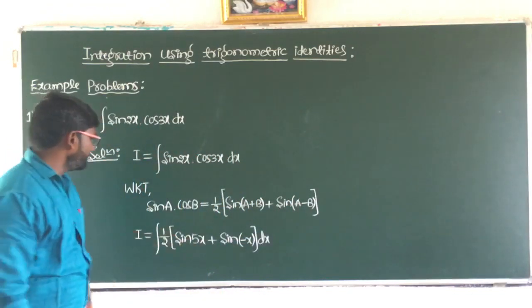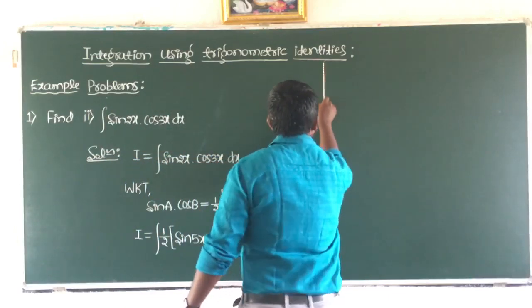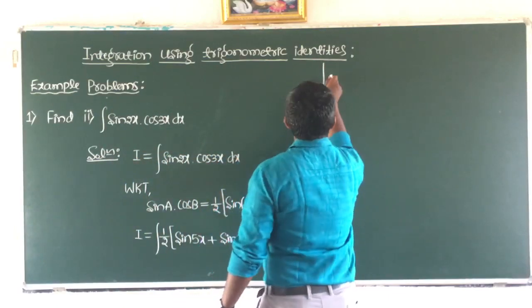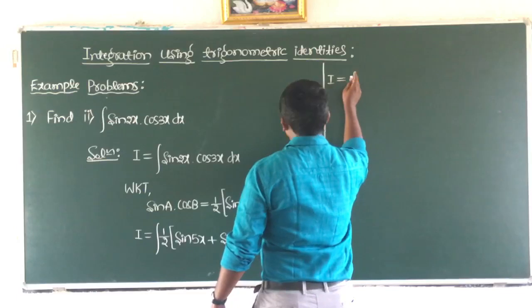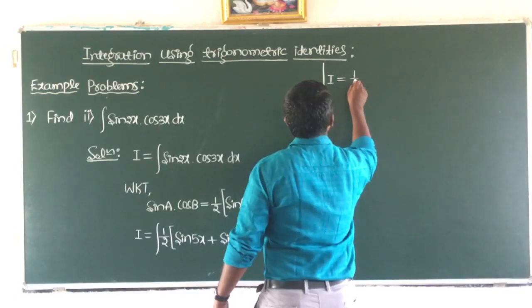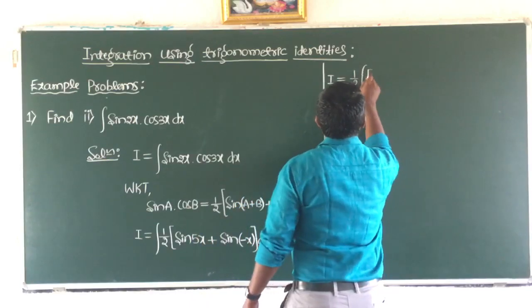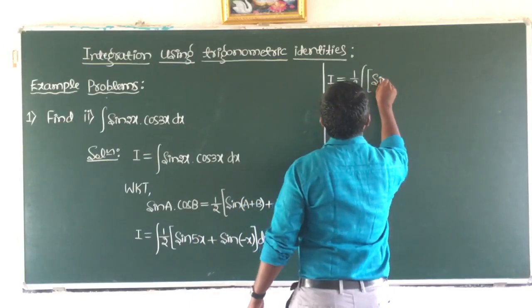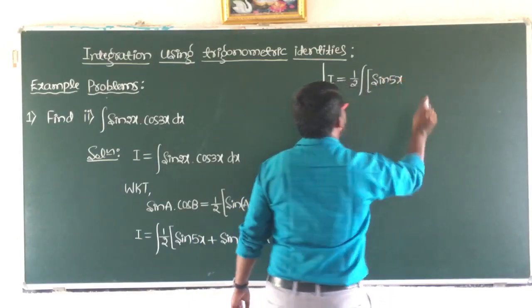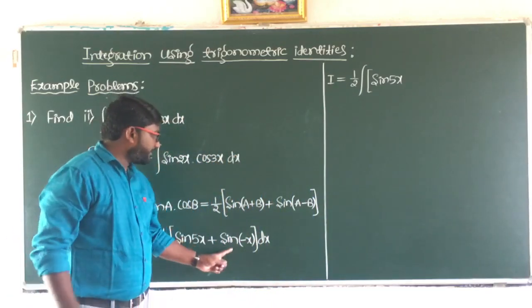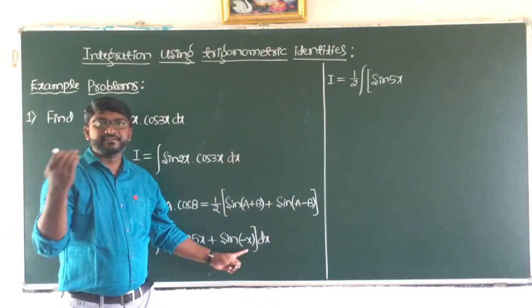Now let us simplify this. I is equal to 1 by 2, a constant, I write it outside. Then integral, write sin 5x as it is. Now see here, sin of minus x will be minus sin x.